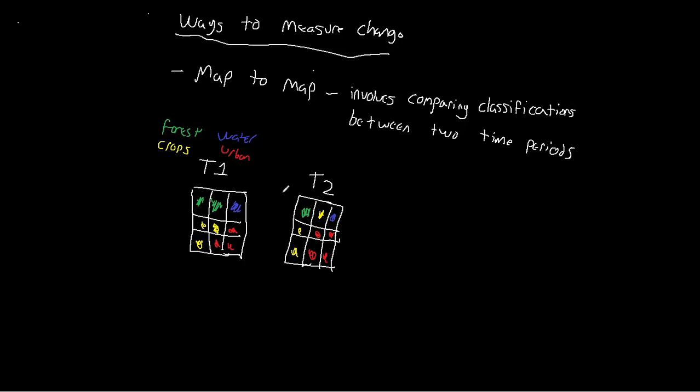So you can see just visually looking at these, we do have change. We have change here, we have change here. And so an output might look something like this, and there's two different ways we could do this.